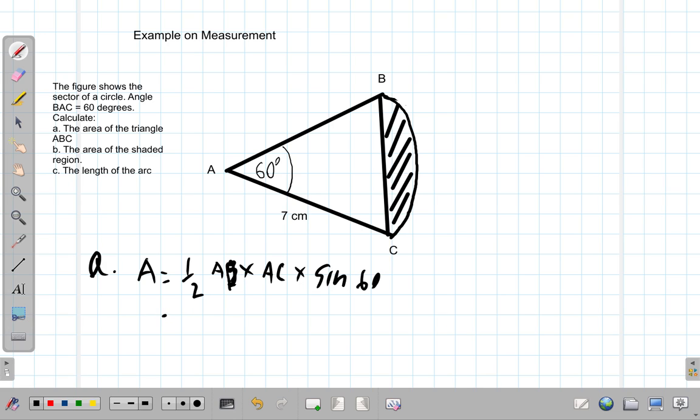So it is half times 7 cm, the radius of the same circle, times 7 times the sine of 60.